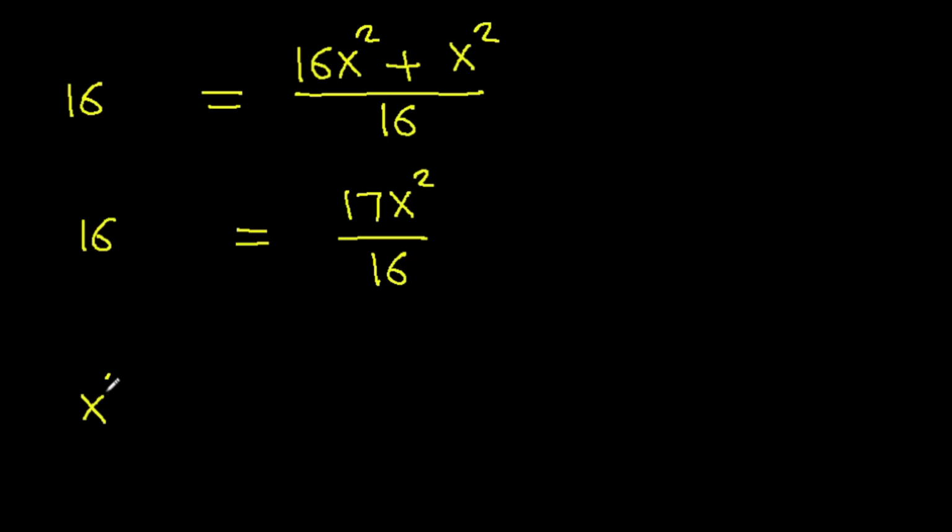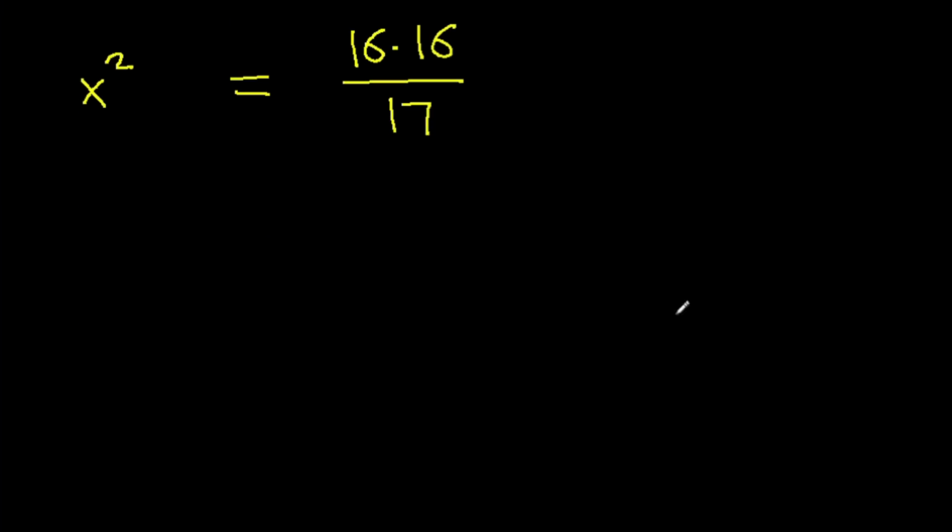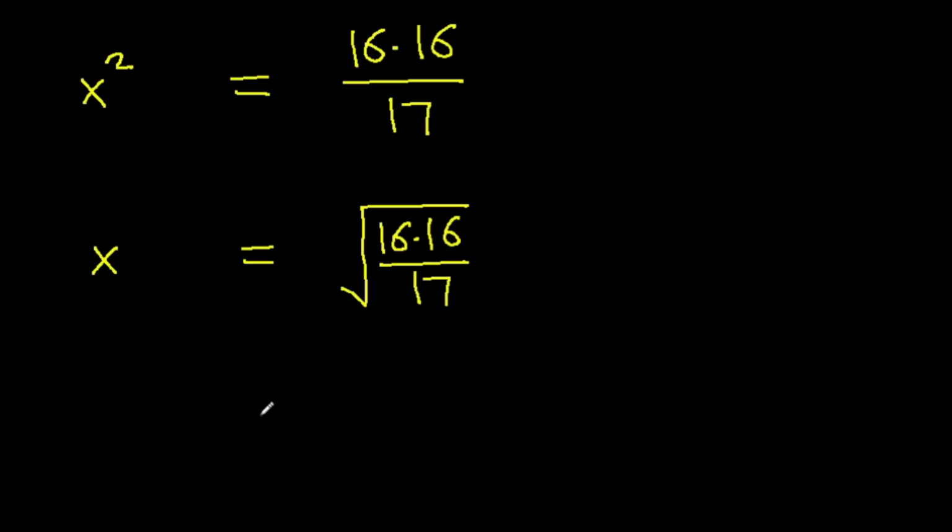So x square will be 16 times 16 over 17, and x will be root under 16 times 16 over 17.